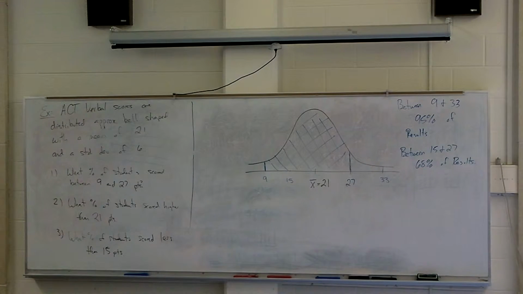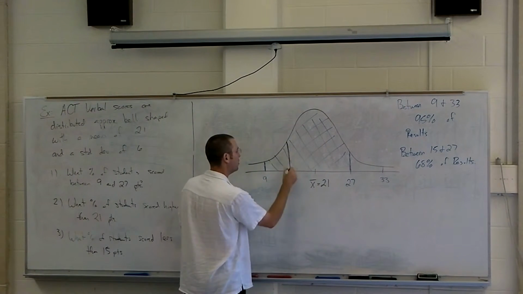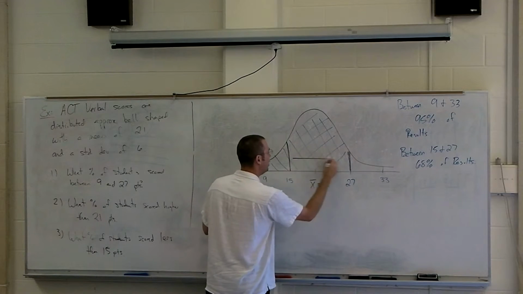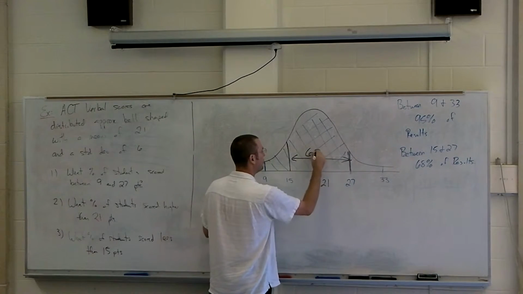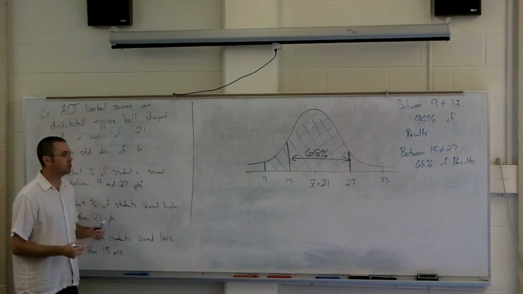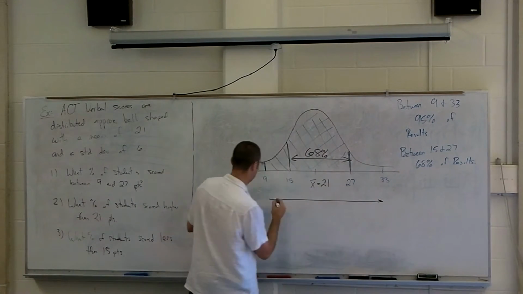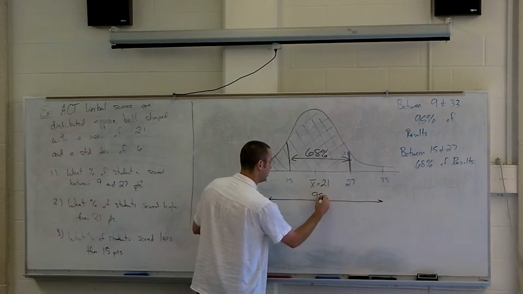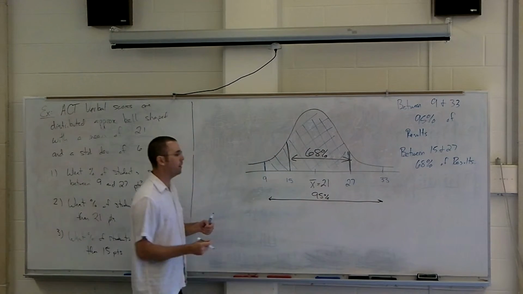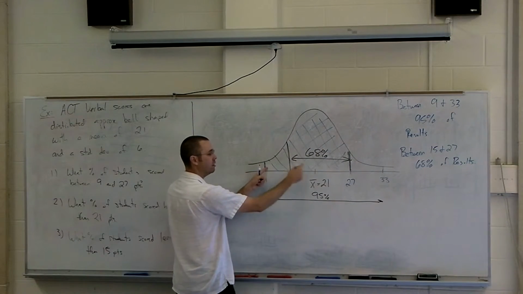All right. So here's what I know. In here, I have 68%. And there I have 68%. Here, I have 95%. So, how much data is there right here and right here?